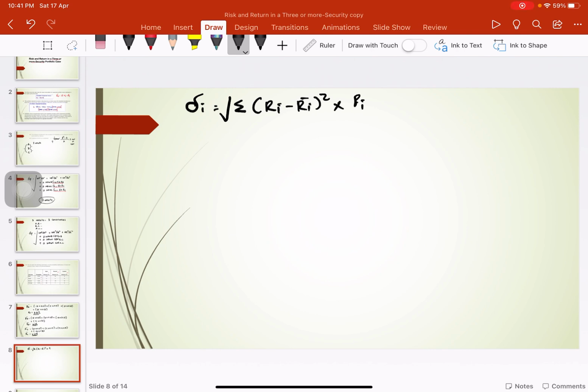So let's calculate the standard deviation for Ajia, A dulu. Number 1, negative 10 minus 8.75, square kat luar lah, senang.